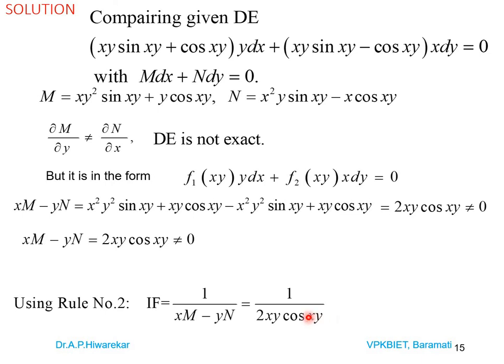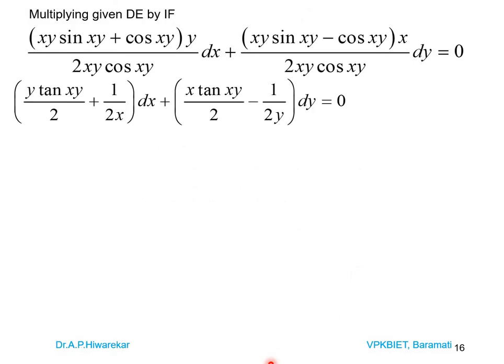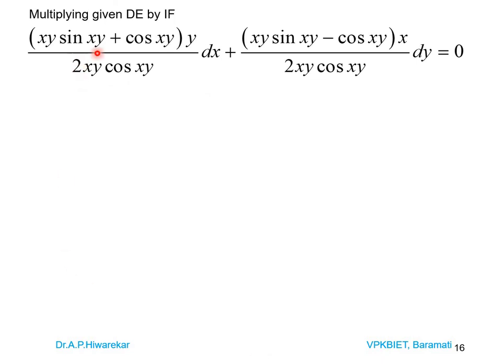So, by multiplying the given differential equation by this integrating factor, we get an exact differential equation. So (xy sin xy + cos xy) y dx divided by 2xy cos xy, plus (xy sin xy − cos xy) x dy divided by 2xy cos xy is equal to 0.